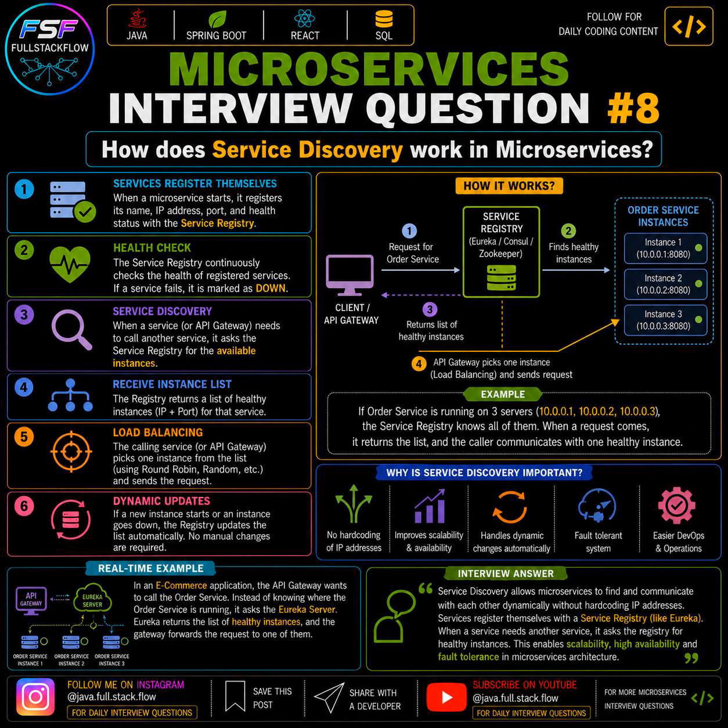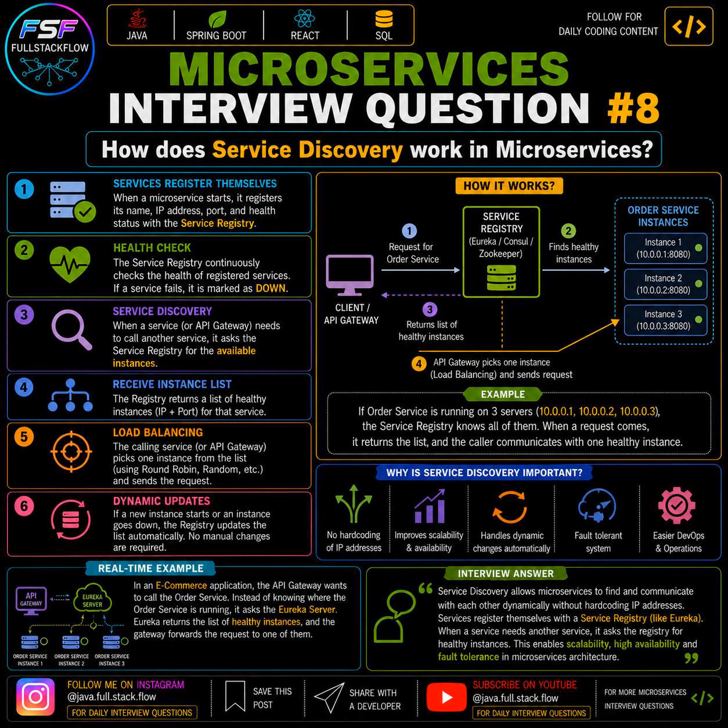Next, step 2 is health check. The service registry continuously checks the health of registered services. If a service fails, it is marked as down and removed from the list of healthy services. Next, step 3 is service discovery. When a service or API gateway needs to call another service, it asks the service registry for the available instances.